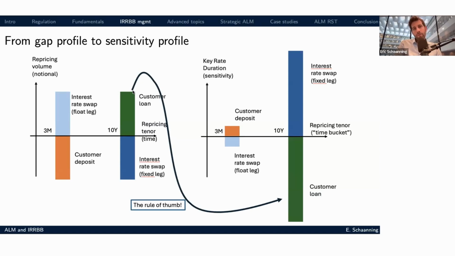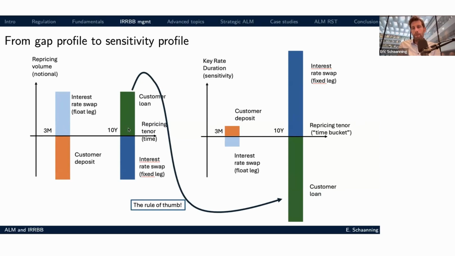And then from a notional perspective, the loan, the swap, and the other leg of the swap and the deposit were exactly the same. But from a sensitivity perspective, there's a big difference between the two. Why is that? Well, because here we've fixed the interest rate for 10 years.